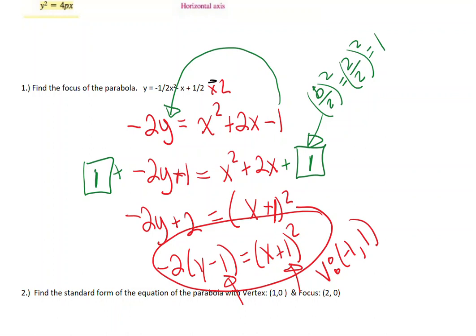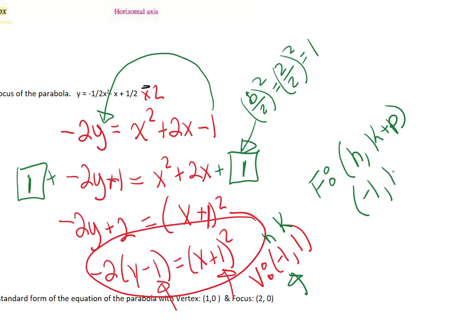Now, what they asked for, though, is the focus, and the focus gets calculated by h comma k plus p. So the h is -1, that doesn't change. Here's my h, here's my k. But this time it's going to be k, which is 1, plus some number. Well, we don't know what p is.